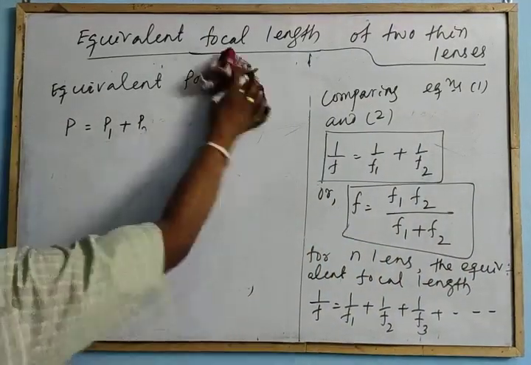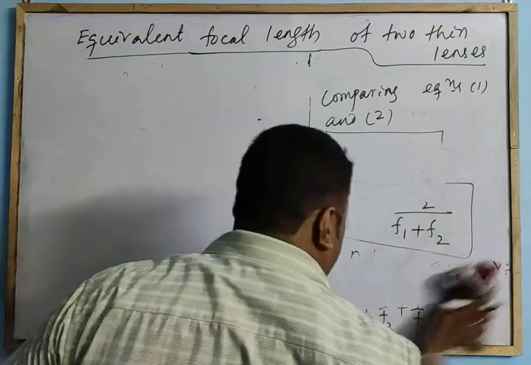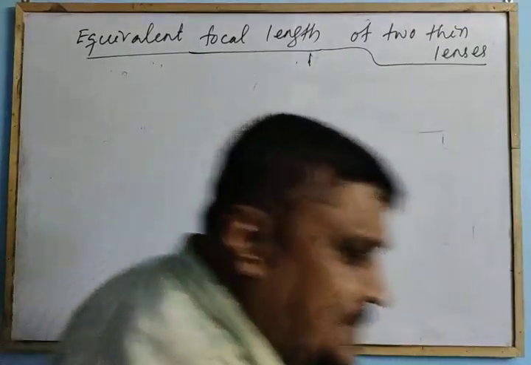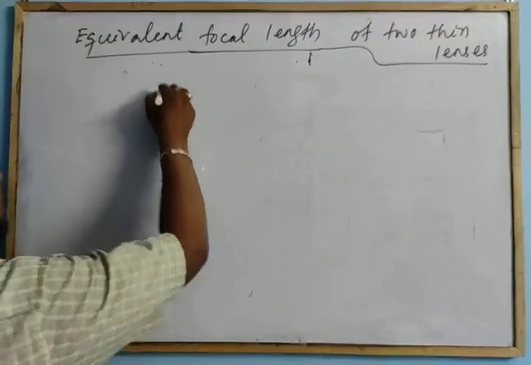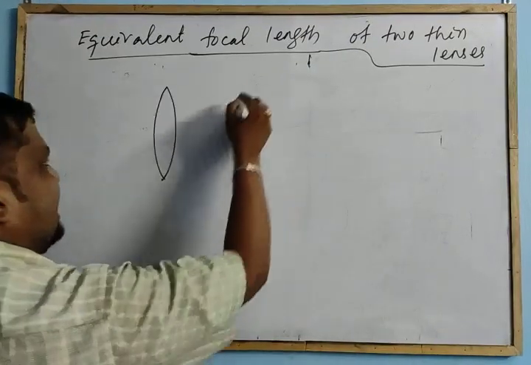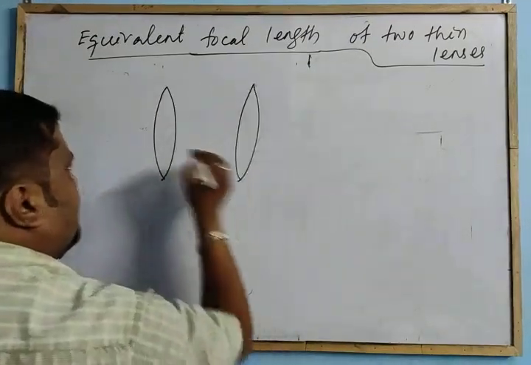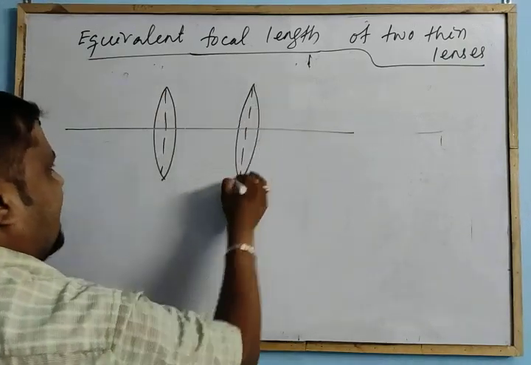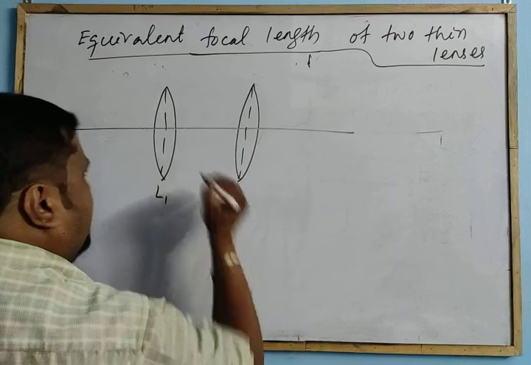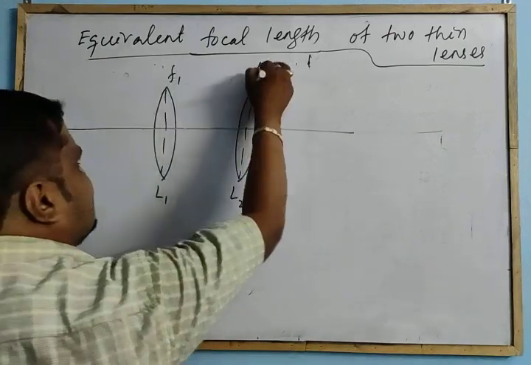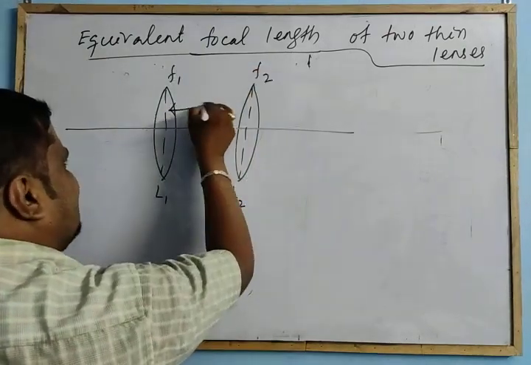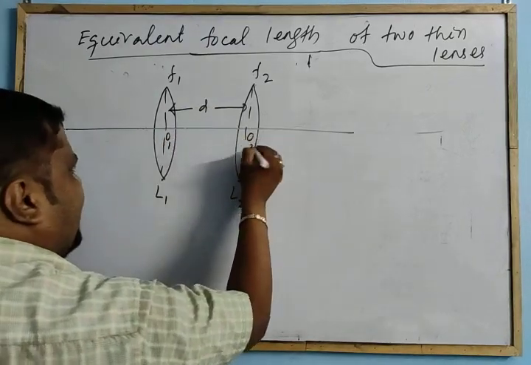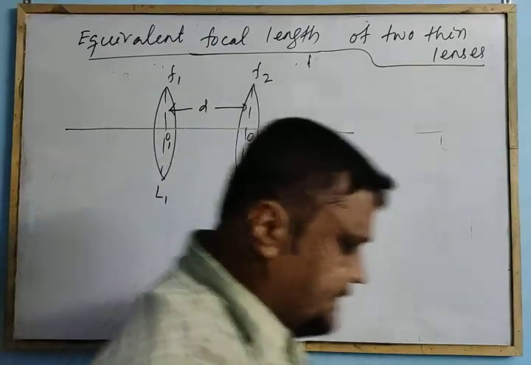Then after that calculation, remember this formula also. If there are two lenses, a convex lens and another convex lens of different focal length, lens L1 and L2, with focal lengths f1 and f2, separated by a distance d, with optical centers O1 and O2, and they are coaxial.